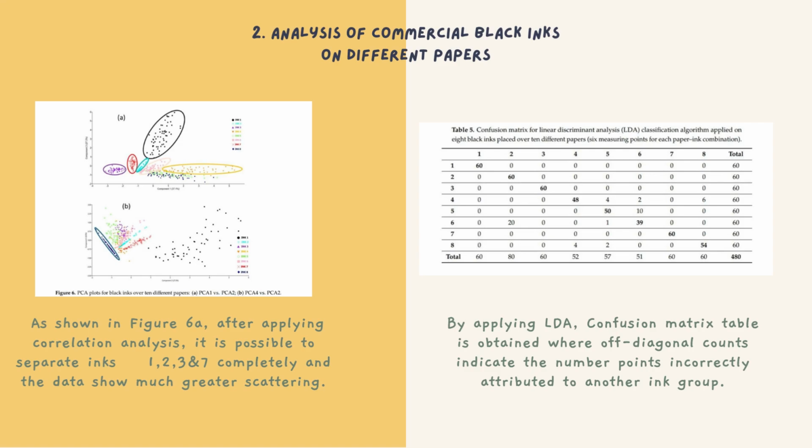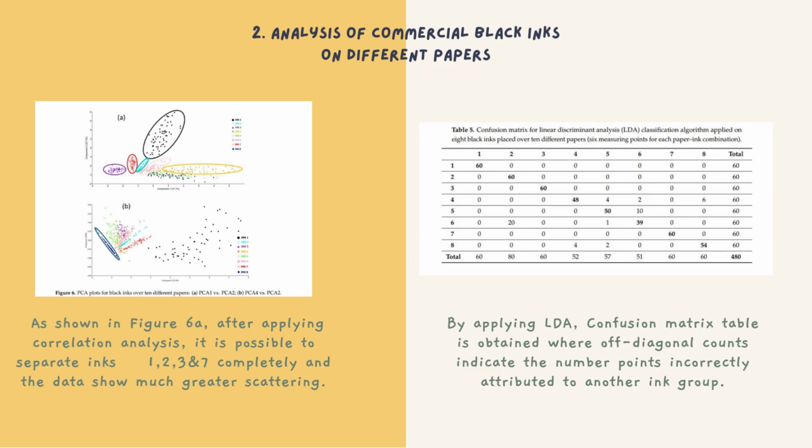As shown in figure 6a, after applying correlation analysis, it is possible to separate the first, second, third, and the seventh ink completely, and the data show much greater scattering. And by applying LDA, a confusion matrix table is obtained, where off-diagonal counts indicate the number of points incorrectly attributed to another ink group.